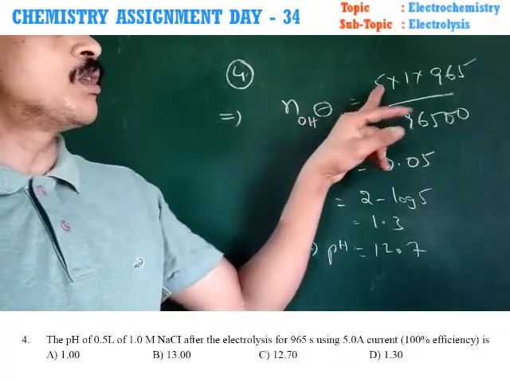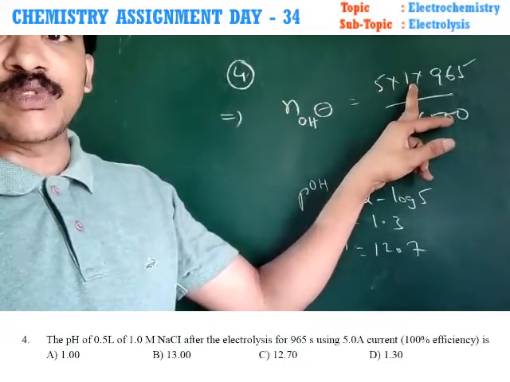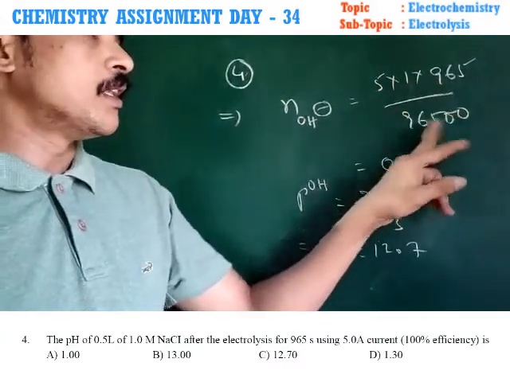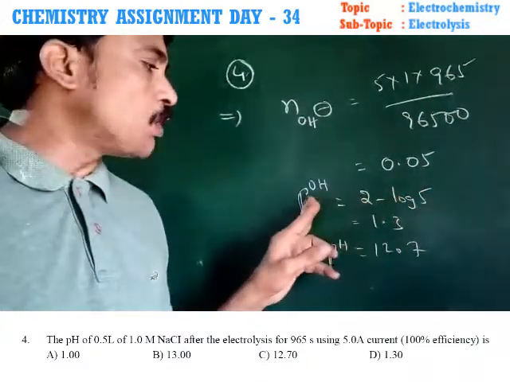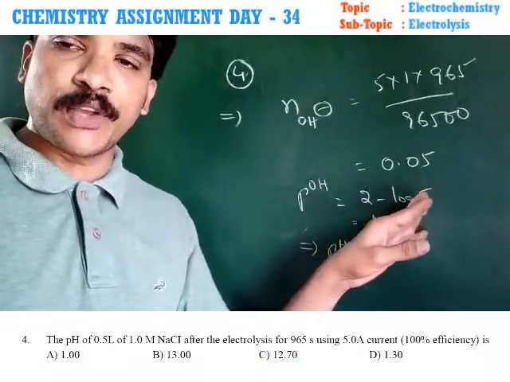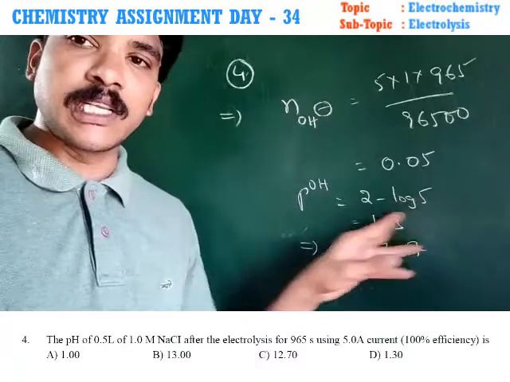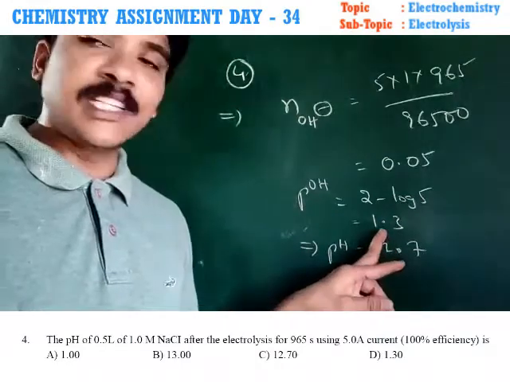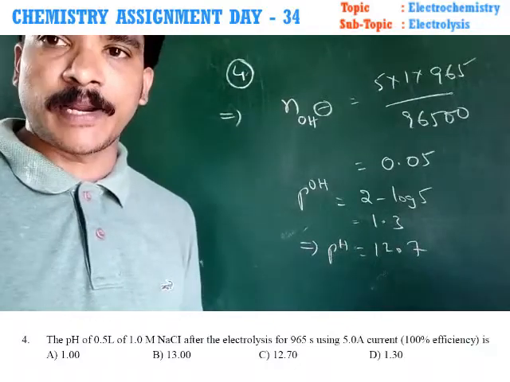Moles of OH minus is equal to current 5 ampere, C is 1, eta is 1, T is 965. Substituting here, we get 0.05 moles. Using moles, find OH minus concentration 0.05. pOH is equal to minus log of OH minus, which gives 1.3. Then pH is equal to 14 minus 1.3, that is 12.7.